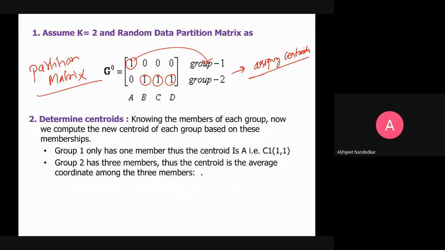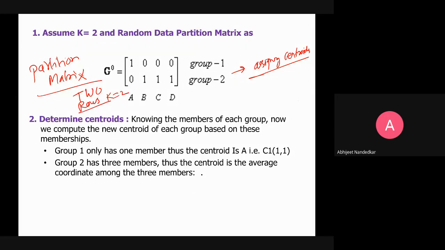Now how am I doing that? Based on this random assignment of each sample to a certain group, we can calculate the centroid. See carefully that this matrix has two rows, which stand for k equal to 2.